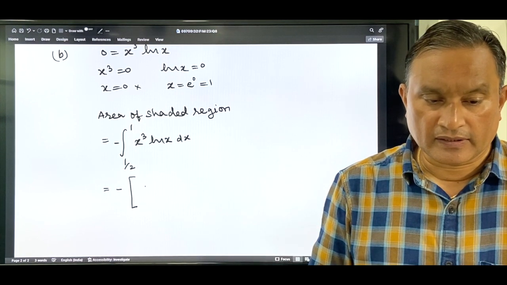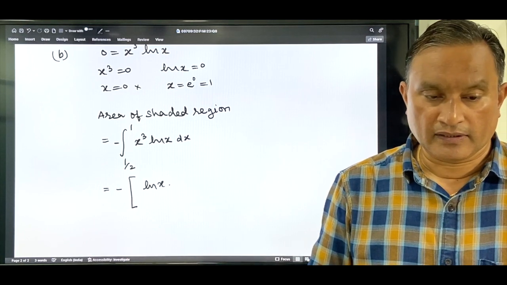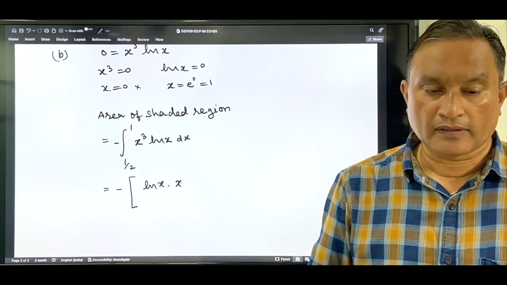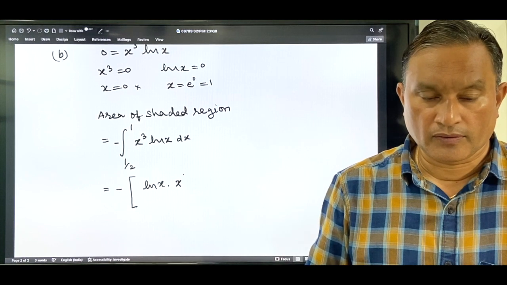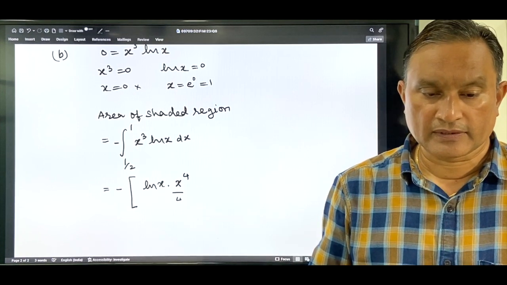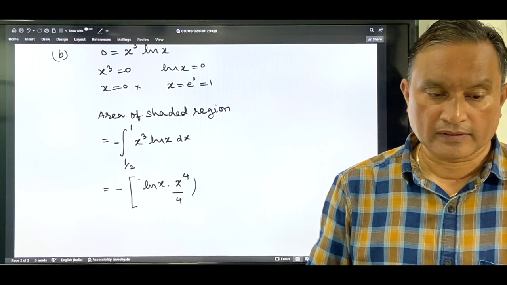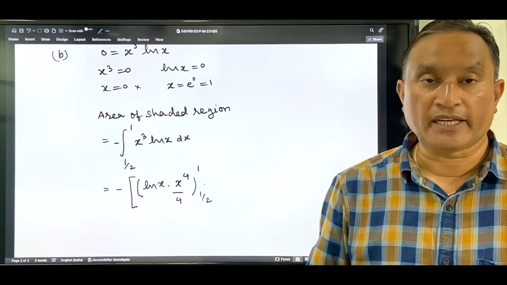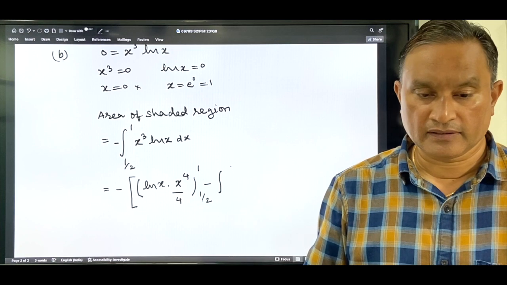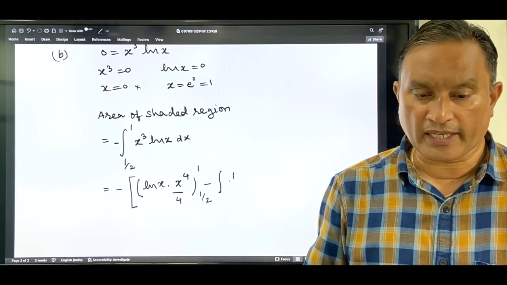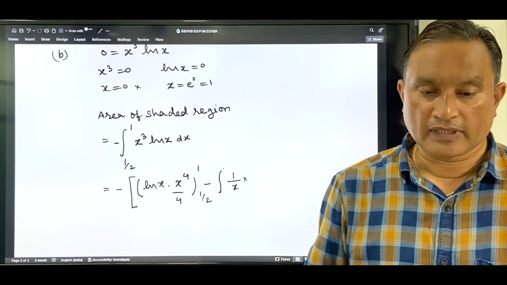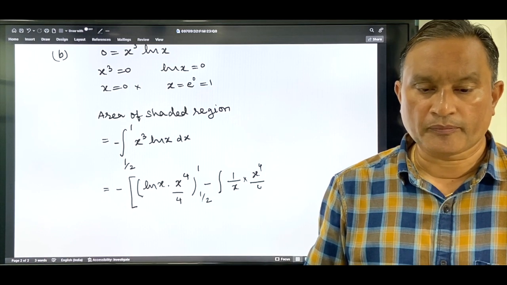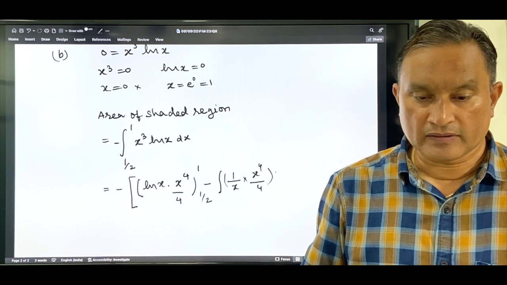So here ln x into x to the power 4 upon 4, the limits being 1 and 1/2, minus the integral of the derivative of ln x, which is 1/x, into x to the power 4 upon 4, dx.